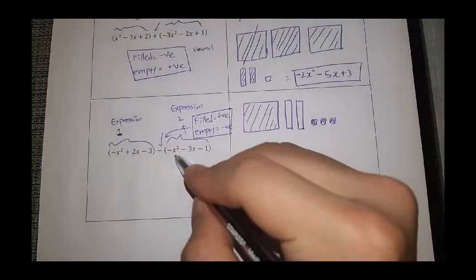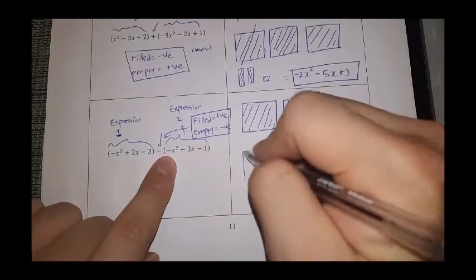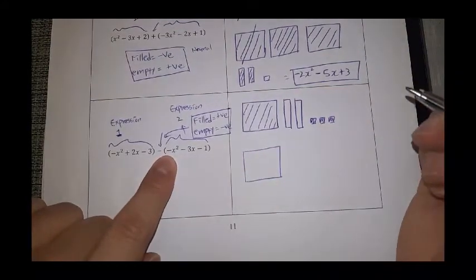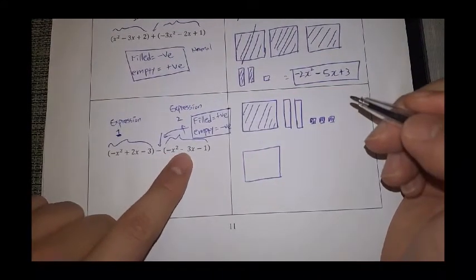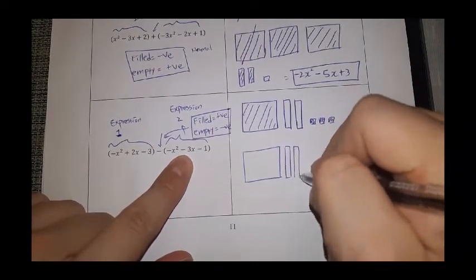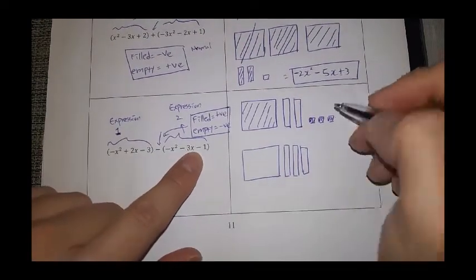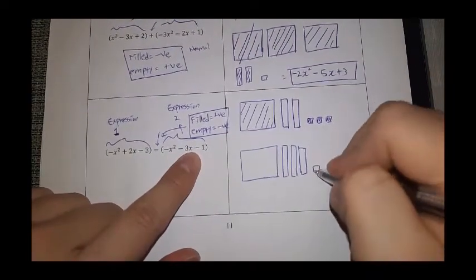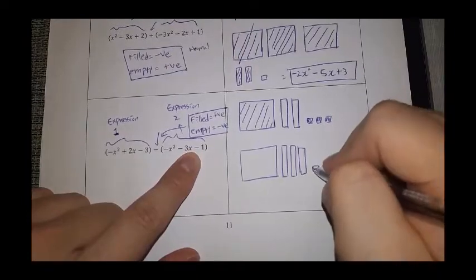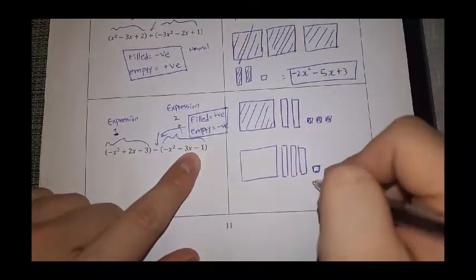Now, originally this is 1 colored big square, but we are doing the opposite of that, so empty. 3 colored strips should be 3 non-colored, and negative 1, which is technically colored, should be empty. This is my expression number 2.